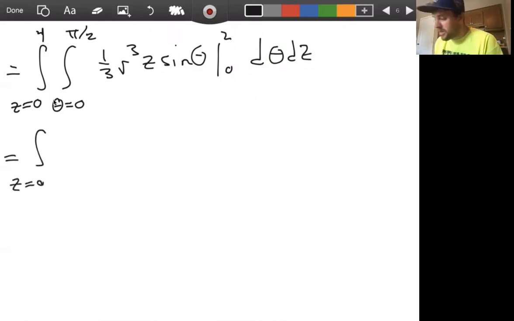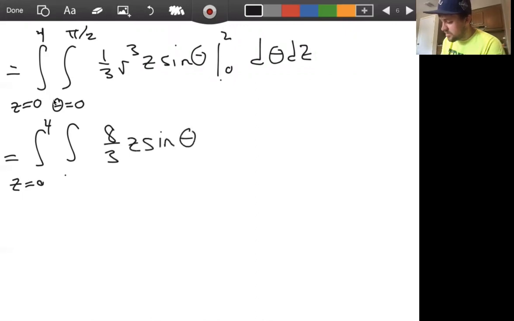Notice if we plug in 0, we get 0. And if we plug in 2, we're going to get one third times 8. So that's going to be 8/3 z sine theta, and this goes from theta equals 0 to pi over 2, then d theta dz.